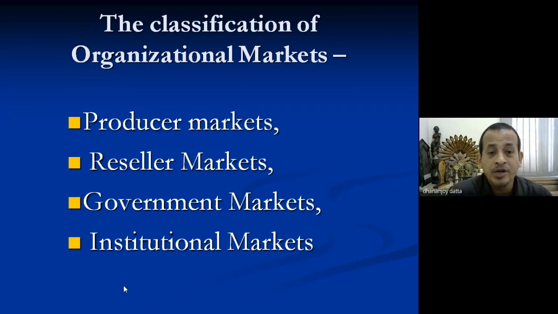Here we have broadly categorized the organizational market into four types: producer market, reseller market, government market, and institutional market.